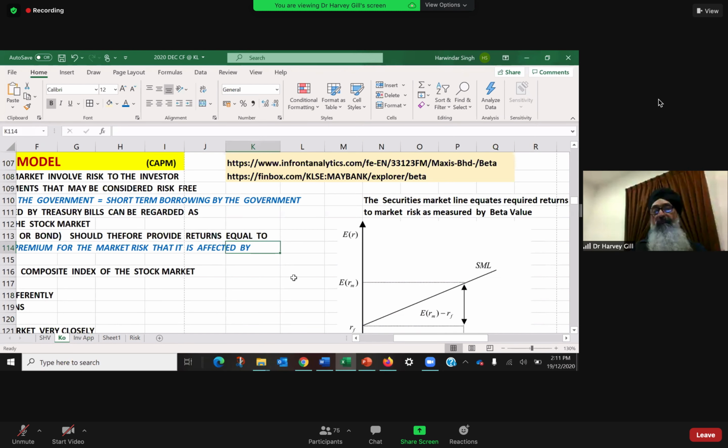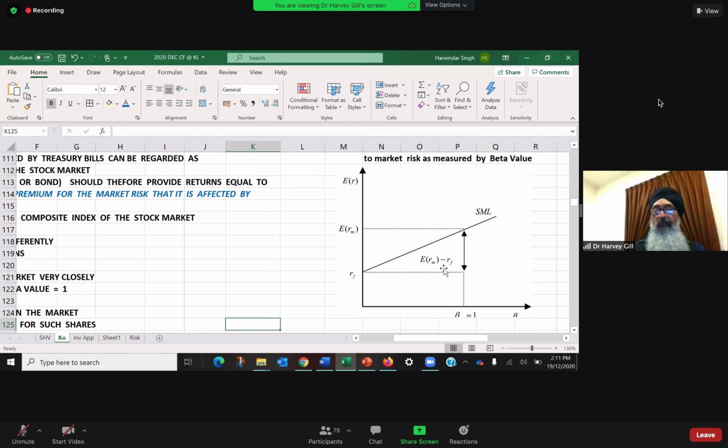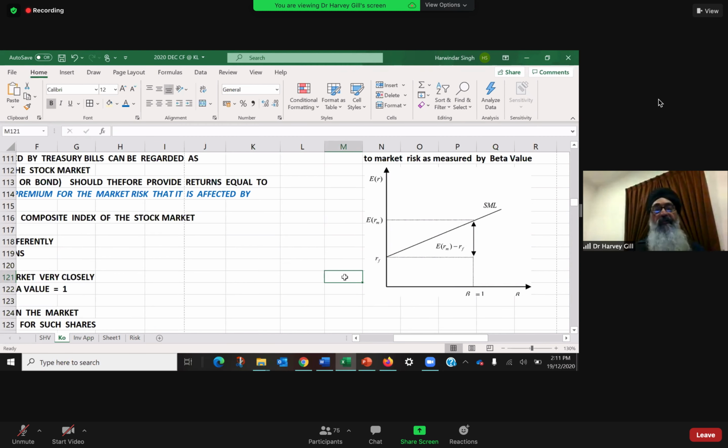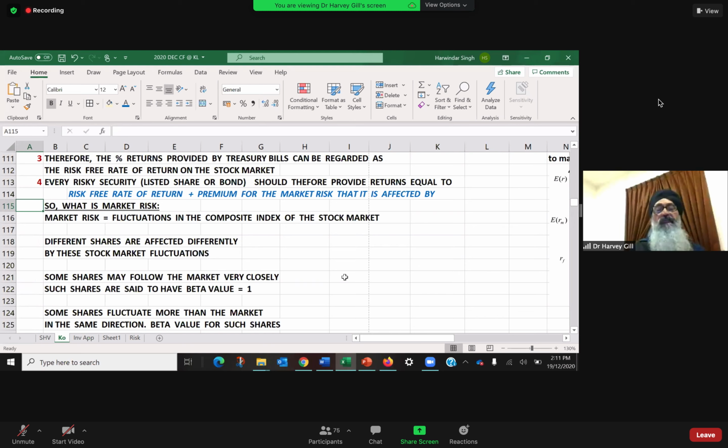Yeah. So if you look at this securities market line, on one side of the graph, if you will, is the beta value. Yeah, like I said, beta value is a measure of risk. How much of the market risk you absorb. How do you interpret beta value? Well, first of all, you need to understand what's market risk.